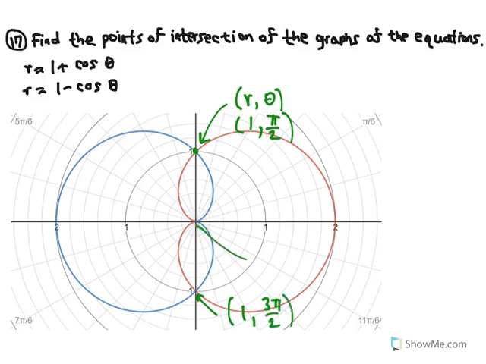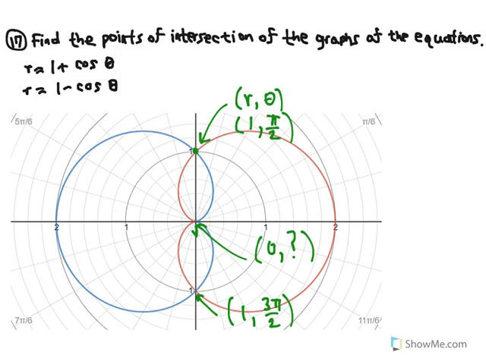And we have a point of intersection at the pole. And of course, at the pole r is 0, and theta could be different values for the angle of rotation from the polar axis.